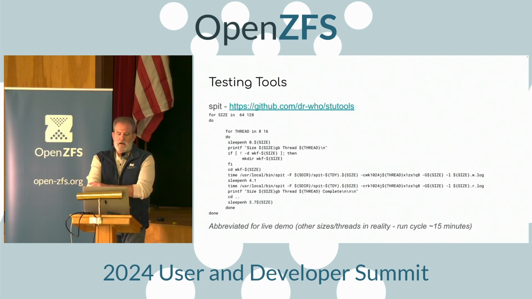So in addition to some of the standard IOZone and FIO testing, there's a tool called SPIT. It's written by a guy who used to work for a company that's now defunct called Myriad. He spells his name Stew wrong, but other than that, it's a great guy.